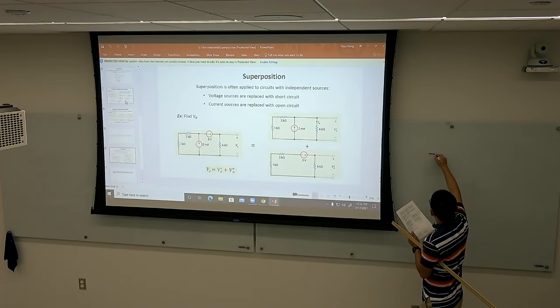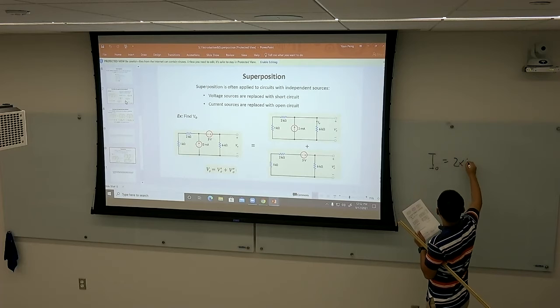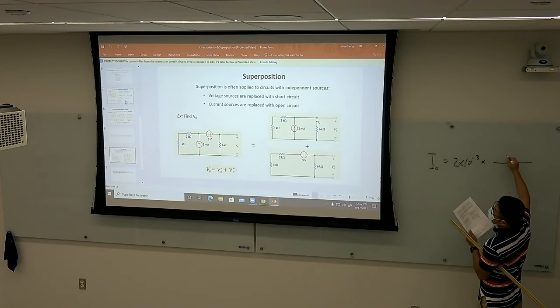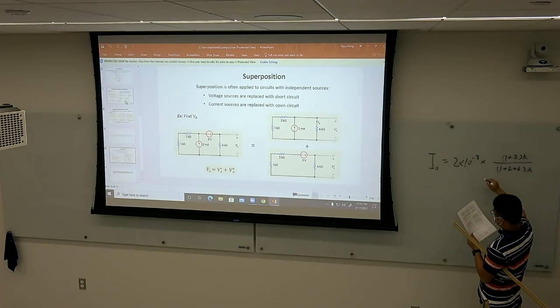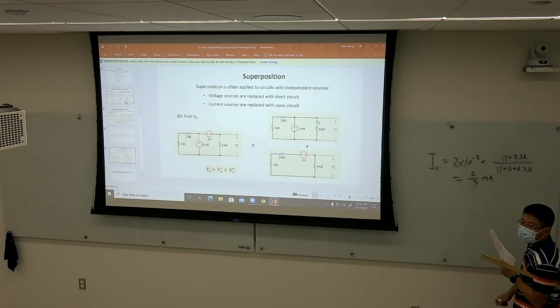So the I0 should be 2 milliamperes, right, times the current division, 1 plus 2. This should be no problem, right?